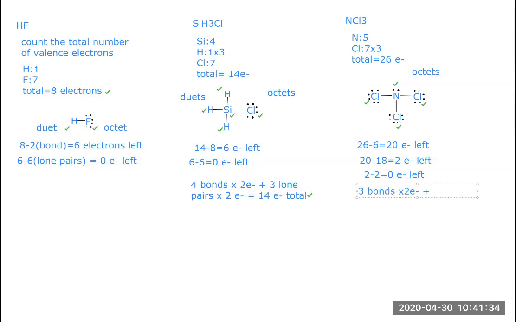So 3 on 1 chlorine plus 3, it's 6, plus another 3, it's 9, 10, right? 10 lone pairs, times 2 electrons each. So 10 times 2 is 20, plus 2 times 3 is 6, that's 26. That's exactly what we need. So the total number of valence electrons is correct.